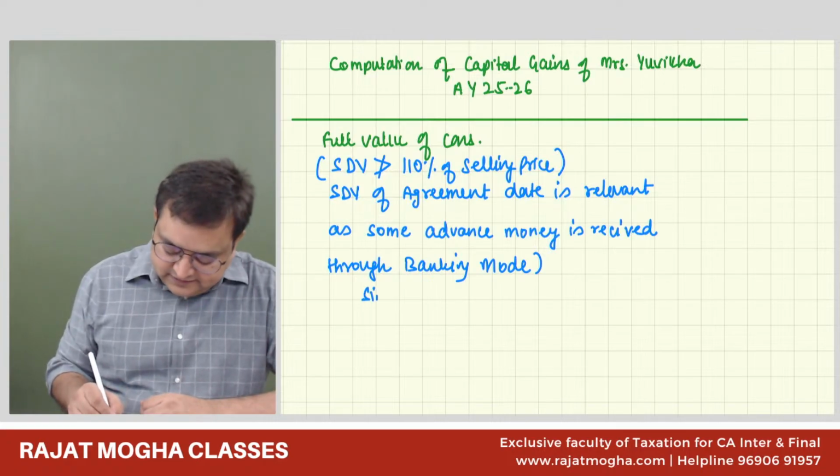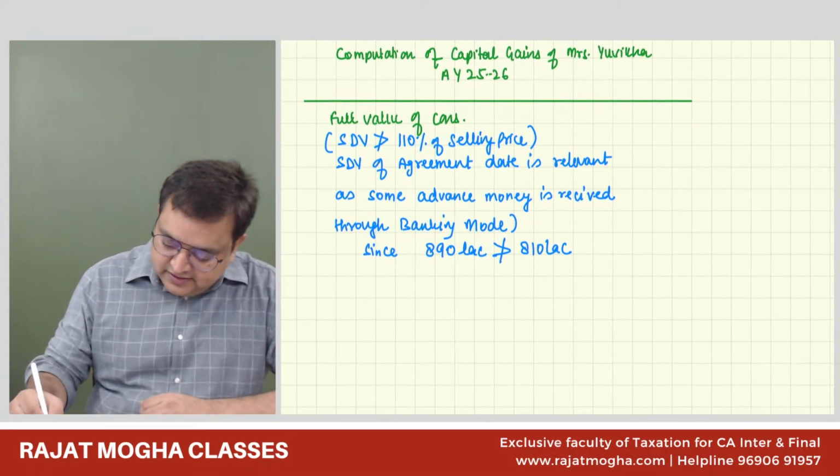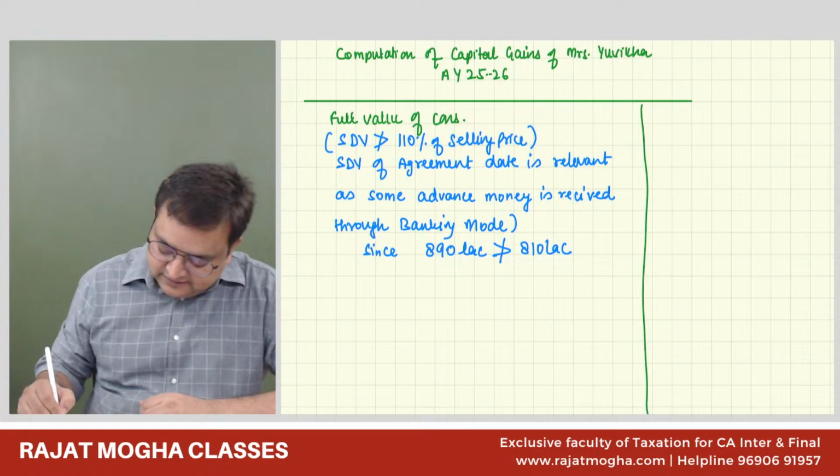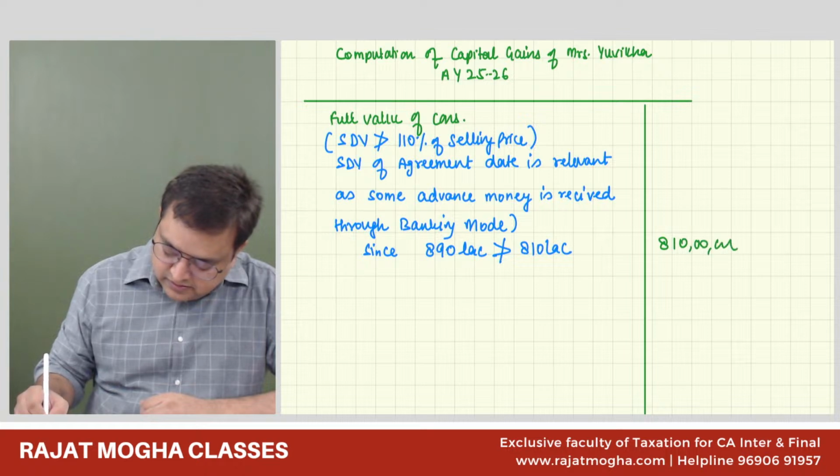And since 890 lakh is not more than 110% of 810 lakh, therefore we are taking this as 810 lakh.